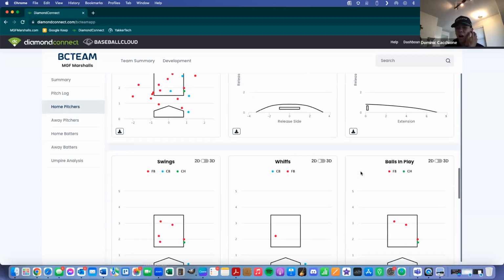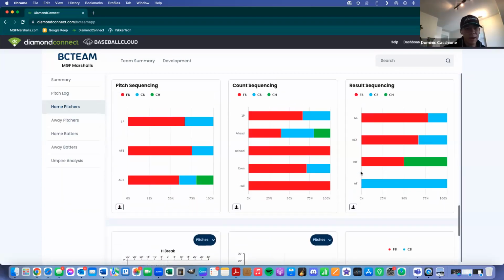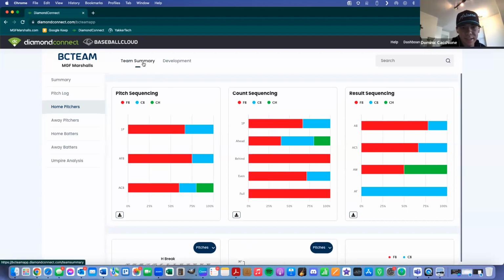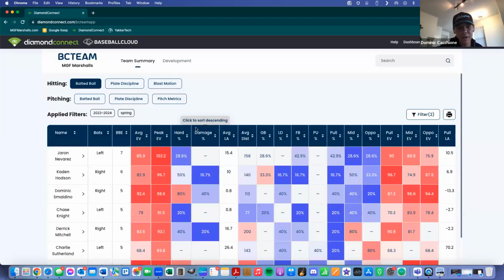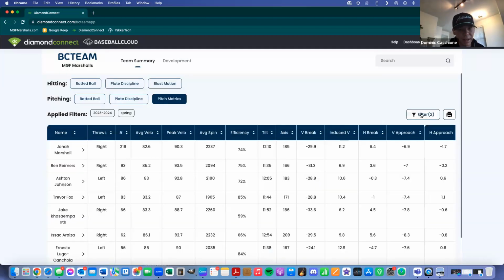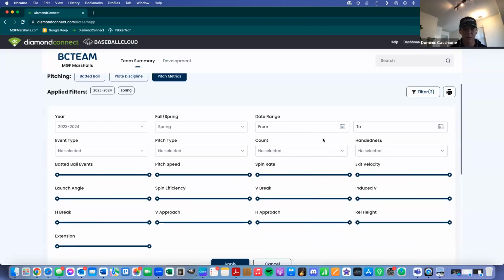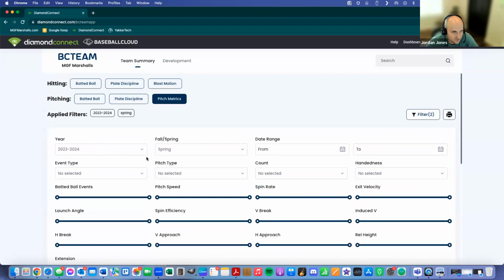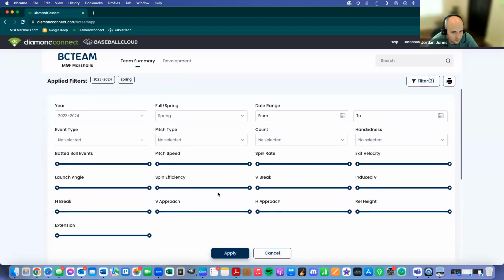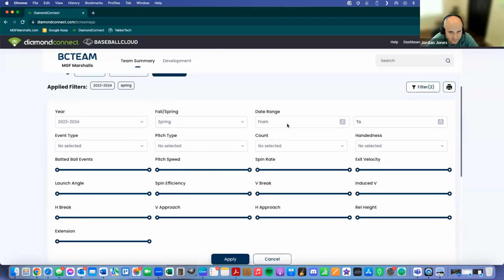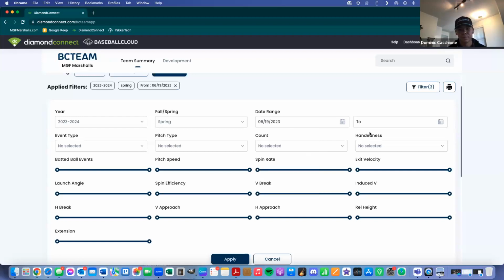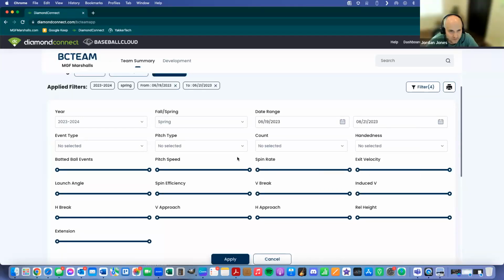Correct. Yeah. You might be able to do that under team summary and then filtering it out that way. That's the best way to get your whole team breakdown, but it still might come in as just pitcher individuals that way. So it seems like in team summary, this is where you can run a lot of different stuff, right?